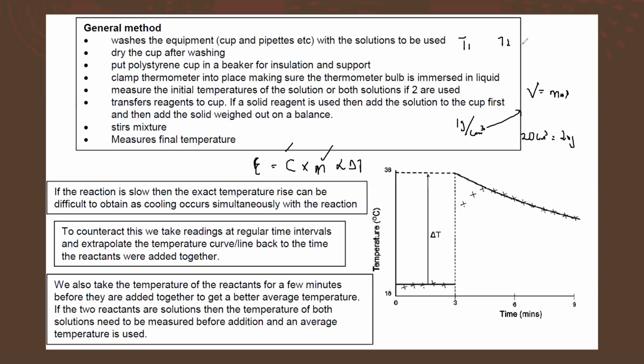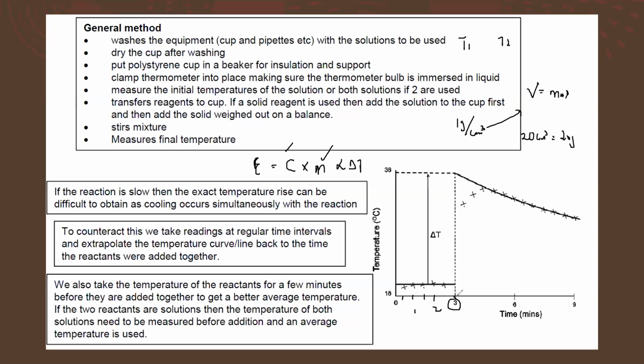For example, say a reaction is there, and we are measuring the temperature after every 30 seconds. So first 30 seconds, then 1 minute, then 1.5 minutes, then 2 minutes, then 2.5. Until 3 minutes we did not add the reactant, we are just measuring the temperature of the water.